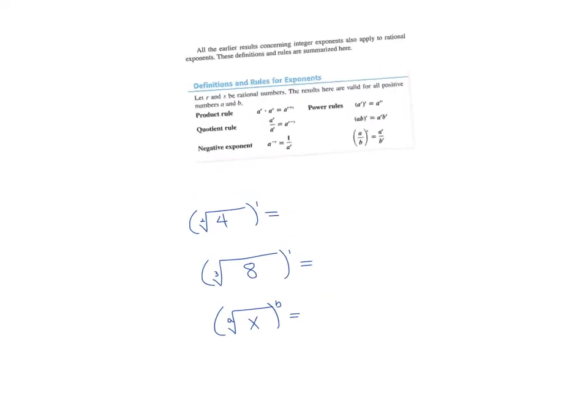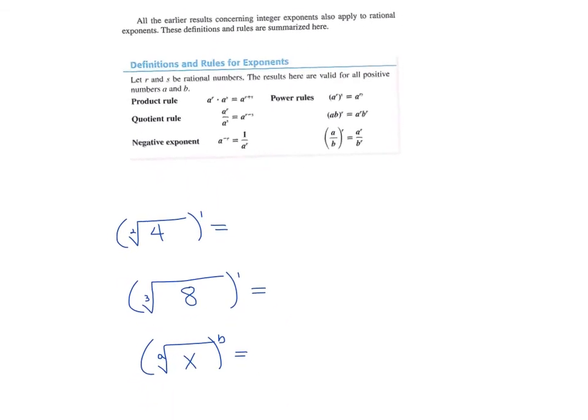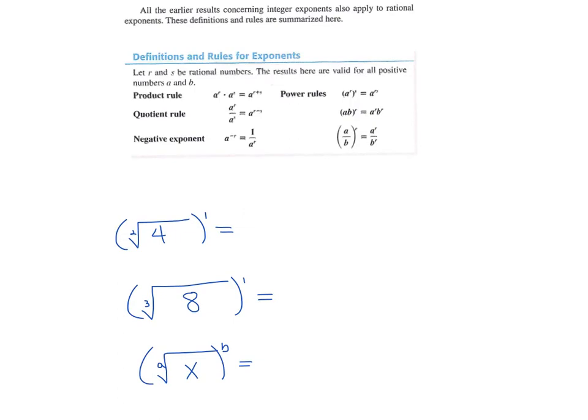All right, so here is an example. Again, we're reviewing the rules for your exponents. Remember, your product rule is when you multiply numbers that have the same base, you add their exponents. When it's a power to a power, you multiply them.